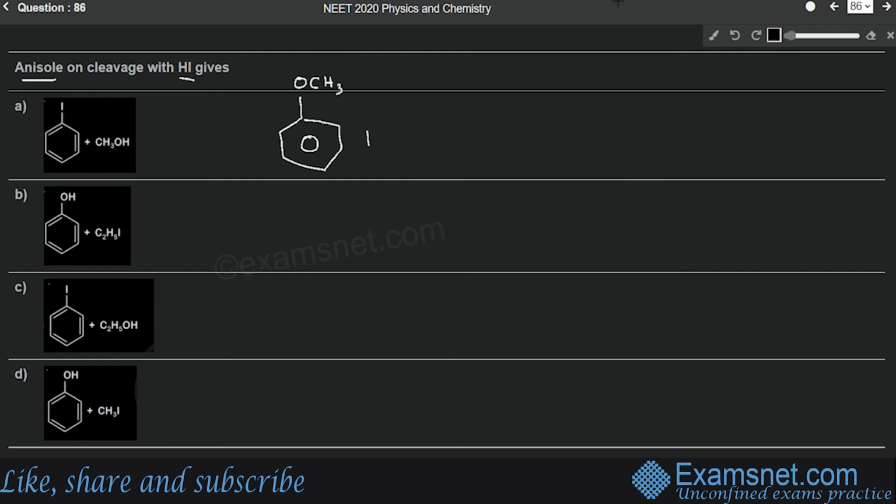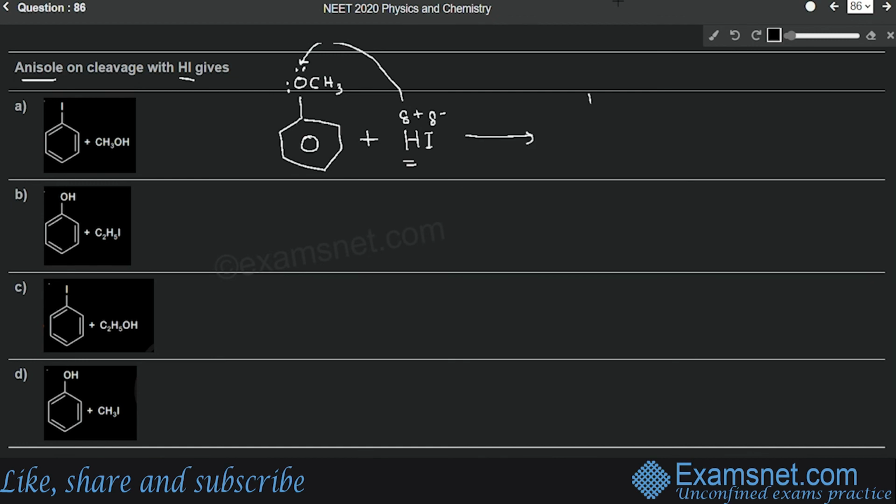It has to react with hydrogen iodide, and we know that iodine is more electronegative than hydrogen, so it will acquire a partial negative charge, whereas hydrogen will acquire a partial positive charge. In anisole, oxygen has lone pairs of electrons which behave like negative charge. So the positive part of hydrogen iodide, that is hydrogen, will attack the negative part of the methoxybenzene, that is oxygen.